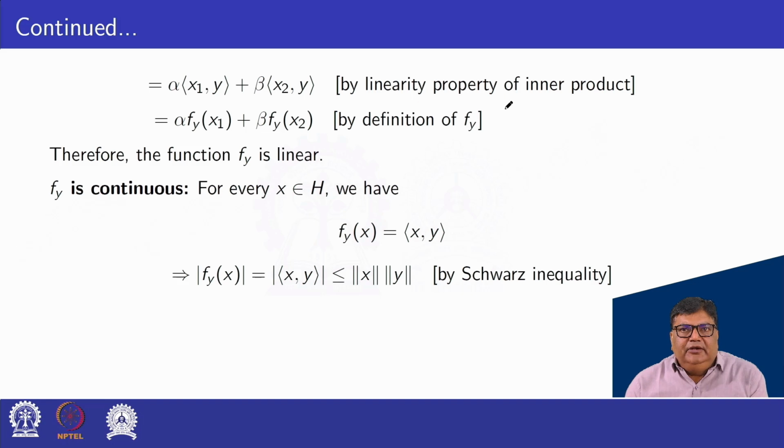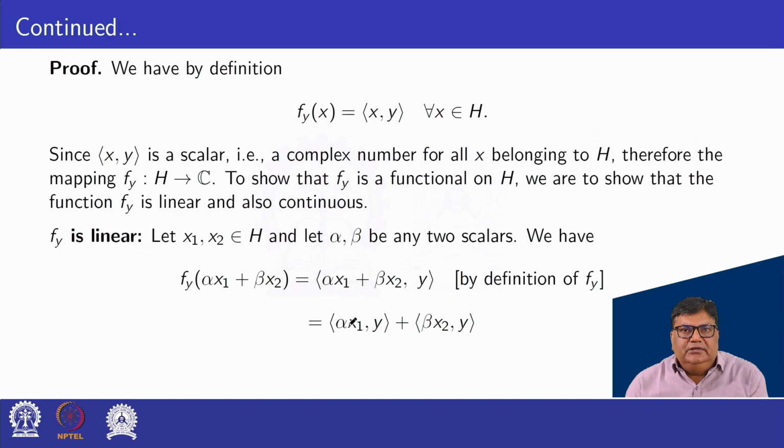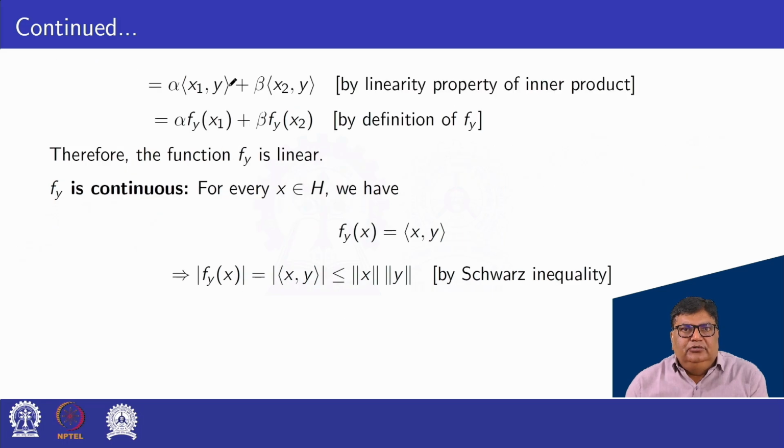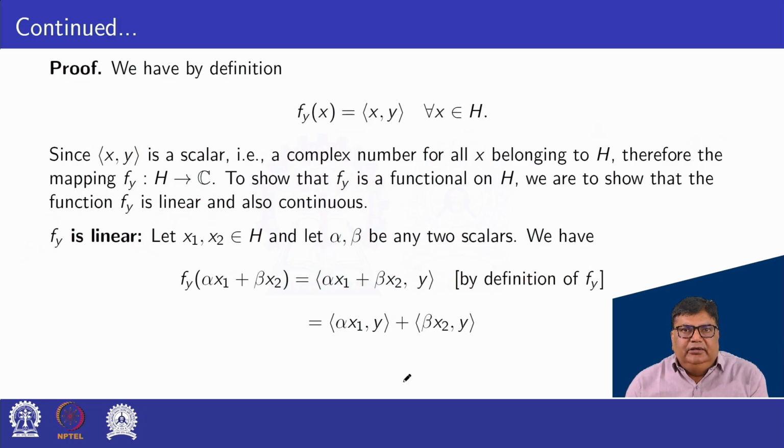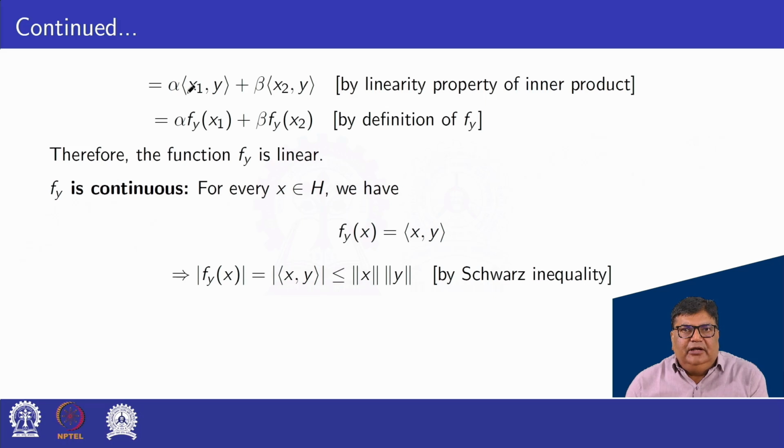Again, by the linearity property of inner product, we can write alpha and beta outside the inner product, so this is alpha into the inner product of x1 and y plus beta into the inner product of x2 and y.